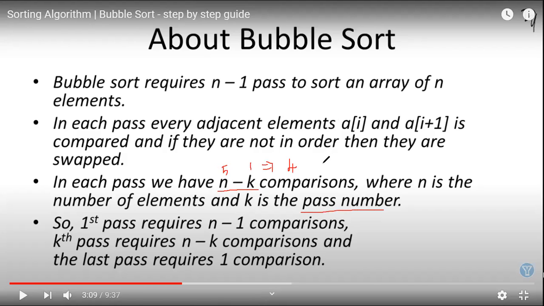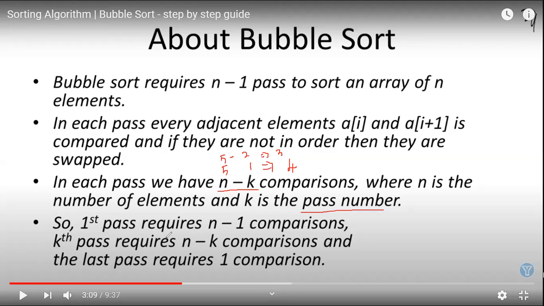And in the second pass, how many comparisons have we done? Anyway, the number of elements will be 5. At the second pass, 3 comparisons we have done, and so on. So in each pass, we definitely do this many comparisons, that is n minus k comparisons.